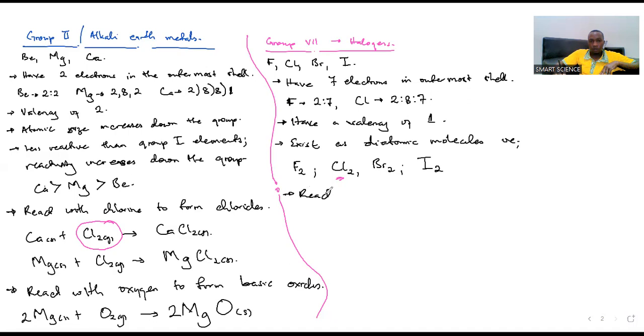Next, reactivity decreases down the group. What does that mean? Fluorine is the most reactive halogen, followed by chlorine, followed by bromine, and lastly, iodine, in that order.